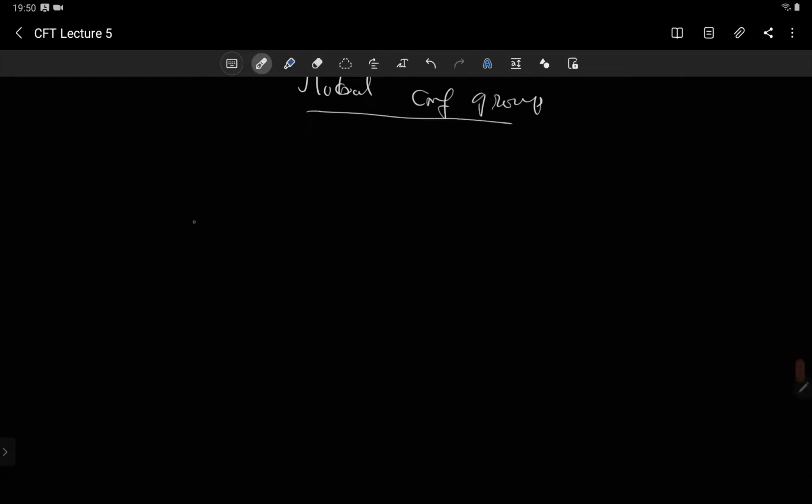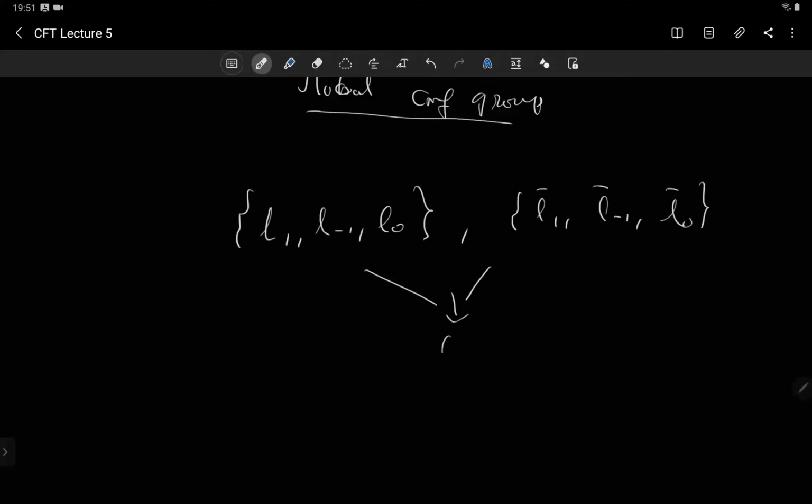And this set, which is the global conformal algebra, how many generators are there? Well, there are 6 of them, because everything I said is also true for L bar. So you have L_1, L_minus 1, L_0, and you have L bar_1, L bar_minus 1, and L bar_0. So there are 6 of them.